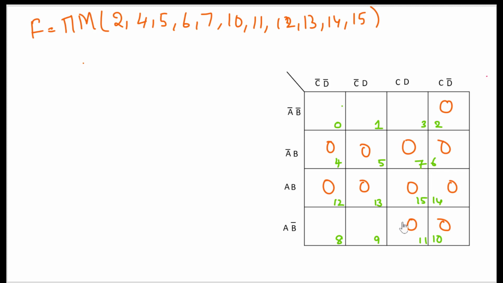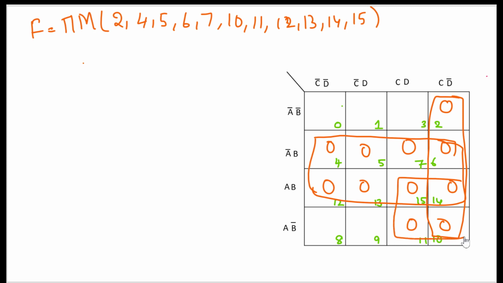So now we can look for the biggest number of zeros, so this is an octet. Another possibility is one quad to cover this 0 and one more quad to cover another 0.